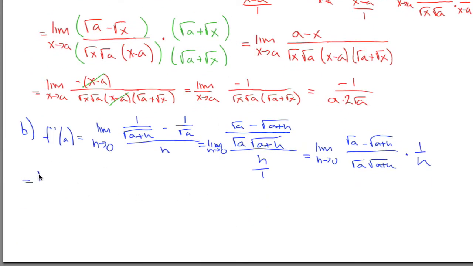So that's what I'm going to do down here. I'm going to say this is the limit as h approaches 0. You know what I'm going to do? I'm going to save a step. And over here, I'm going to multiply this by root a plus h divided by root a plus h.